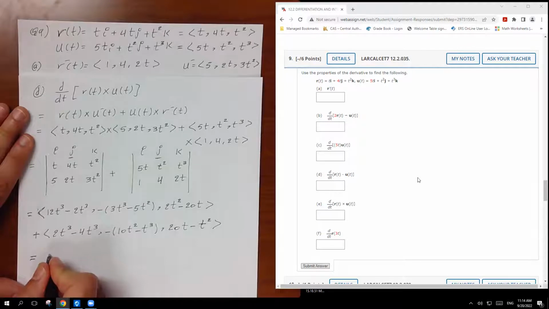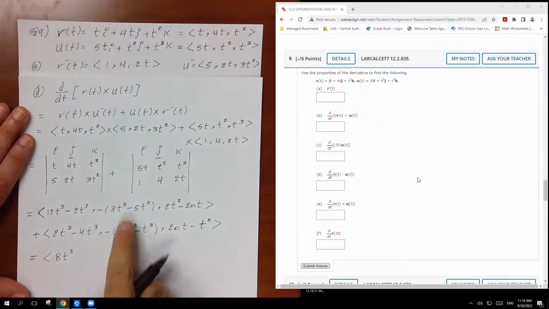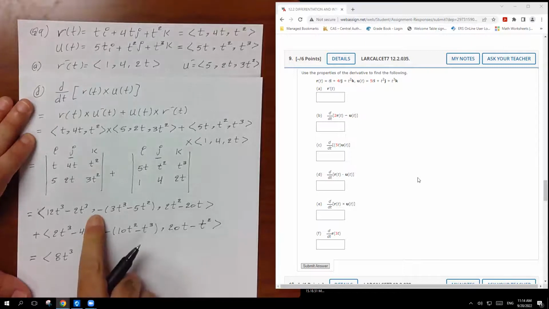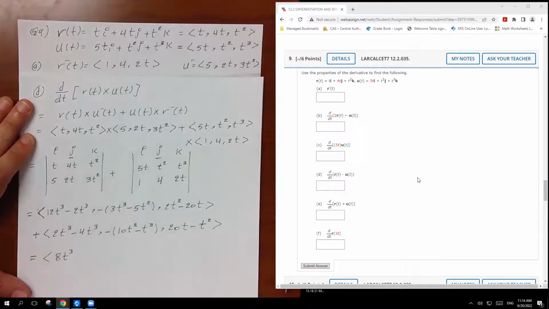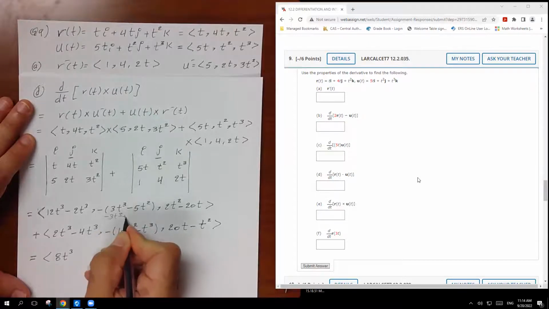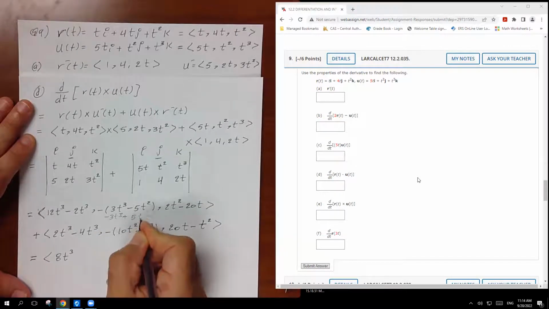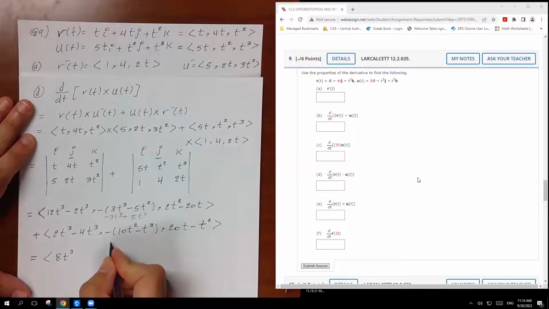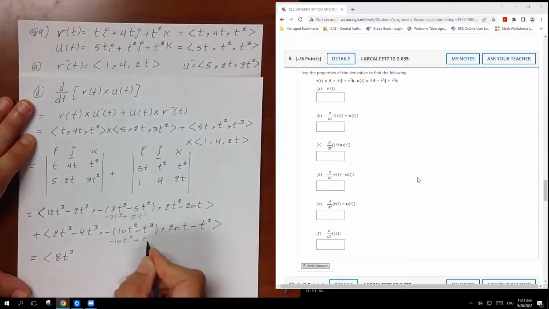For the first one, it's going to be 8t cubed, because all are cubed on the first part. The second one is going to be negative 3t cubed plus 5t squared. And this one is negative 10t squared plus t cubed.